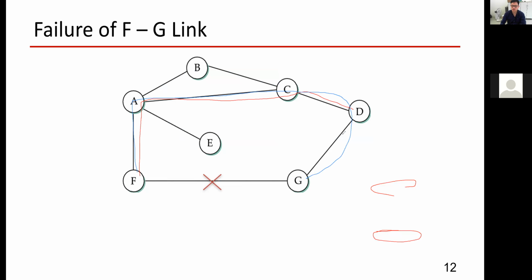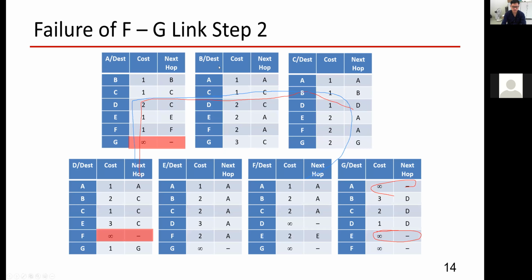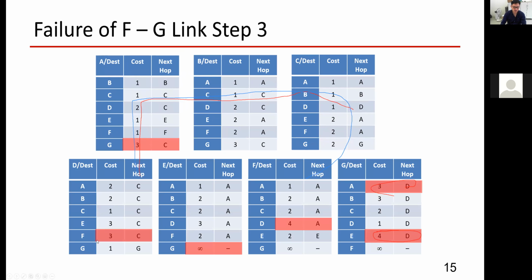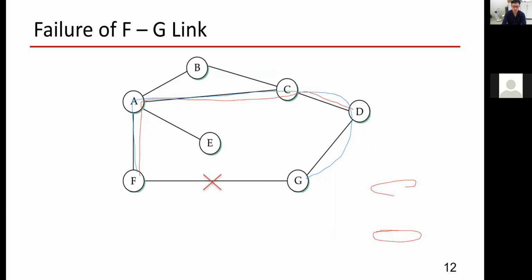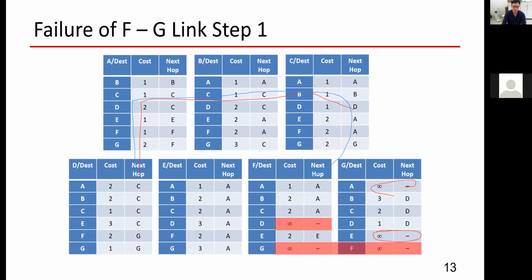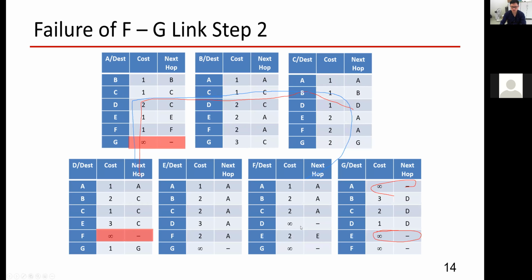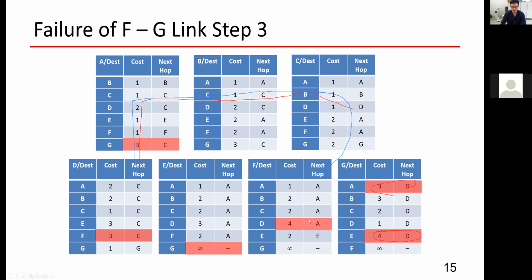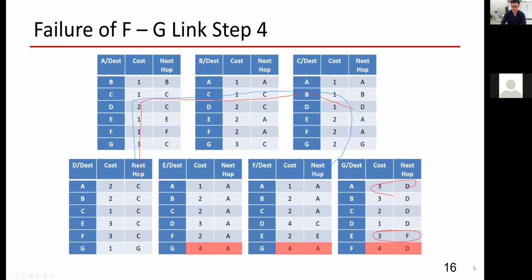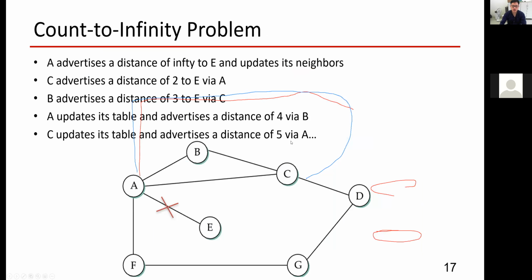Then I could be reconnected to D and G. Let's look at the table of G and table of F. So D and G is lost, and D is now connected with 4 hops, and G is connected by 4 hops via A. So I have to reroute. So, the count to infinity problem.